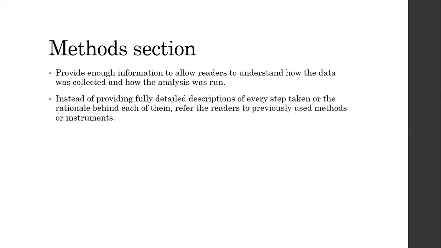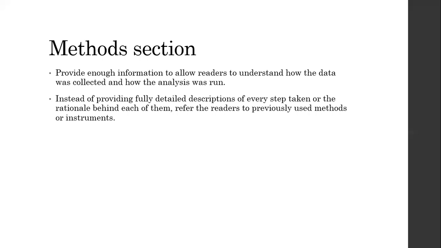Otherwise, if your methodology was used before by other researchers, you have to mention the name of the method and the author of the study made before. Okay, so instead of providing a fully detailed description of every step taken or the rationale behind each of them, refer the readers to previously used methods or instruments, okay?